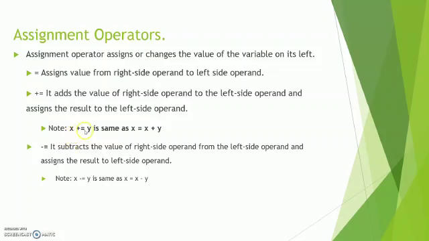Now look at this. We have x plus equal to y. It is the same as x is equal to x plus y. Can you see this? x plus equal to y is the same as x equal to x plus y. We are adding the value of the right side operand to the left side operand, adding y and x, and then assigning the result to x, which is the left side value.